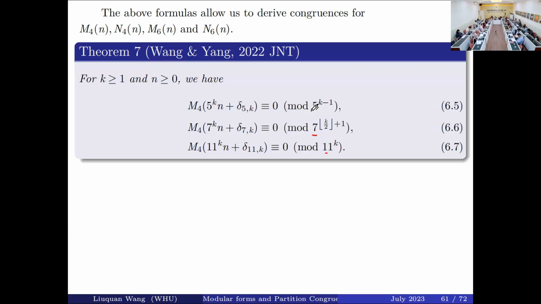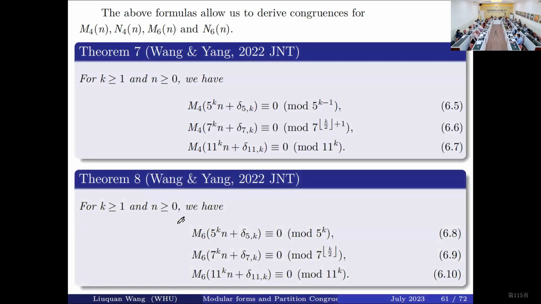So this is very similar to the partition congruences for p(n). And similarly, we have Theorem 8, which gives similar congruences for M6. So this is for the crank moment.